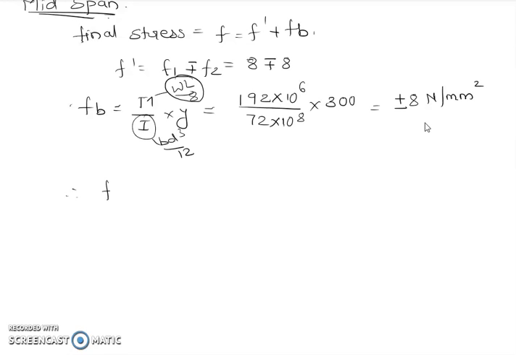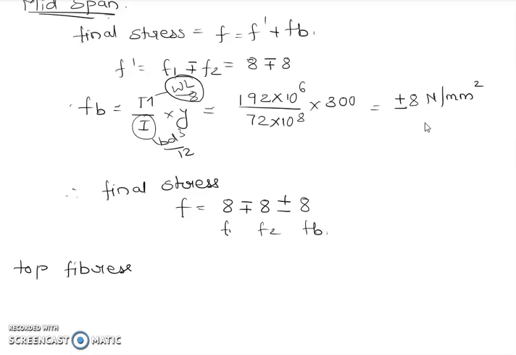Therefore, the final stress F will be equal to 8 minus or plus 8 plus or minus 8, where this is F1, this is F2 and this is FB. So this means that at the top fiber, the stress will be 8 minus 8 plus 8, which is equal to 8 Newton per mm square.